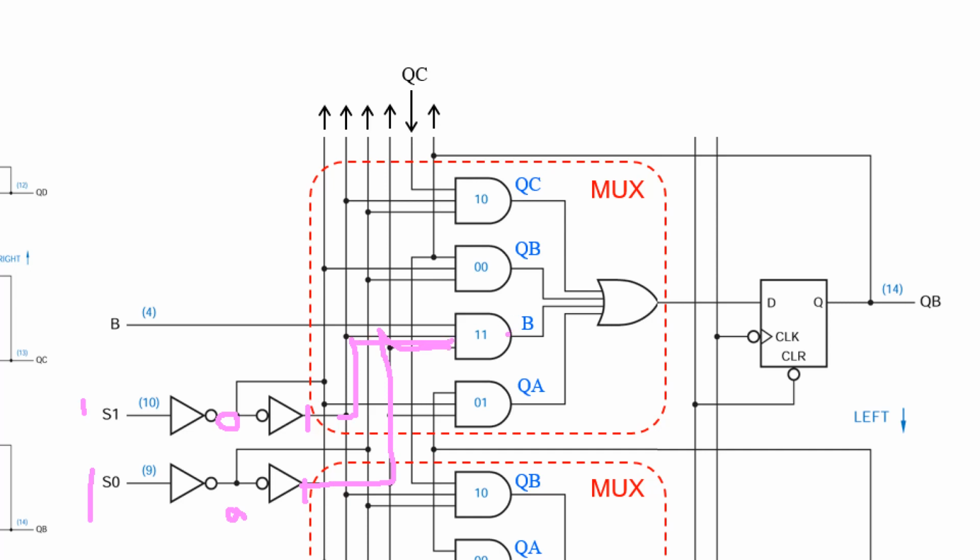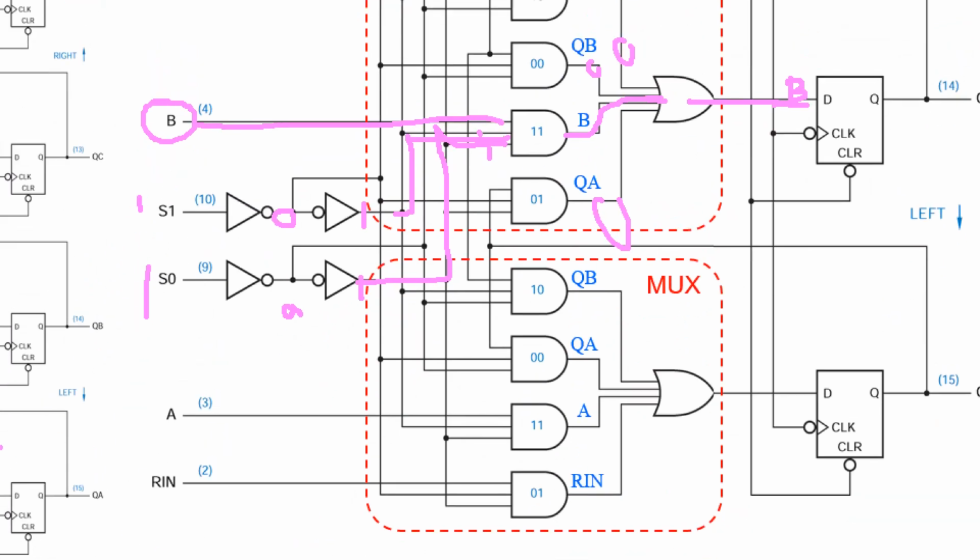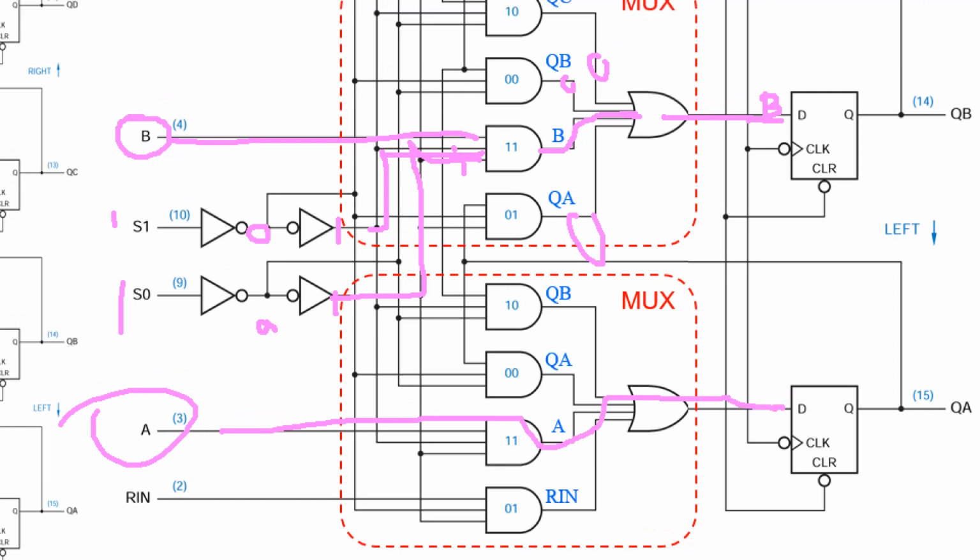So it takes input from B, and the other output of the AND gate will be 0. Then data B will be fed to this one, and for another bit also, for example A will flow and be fed to this input.